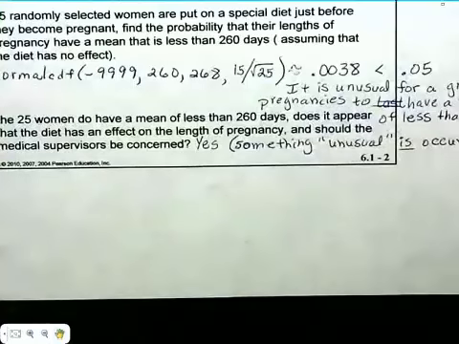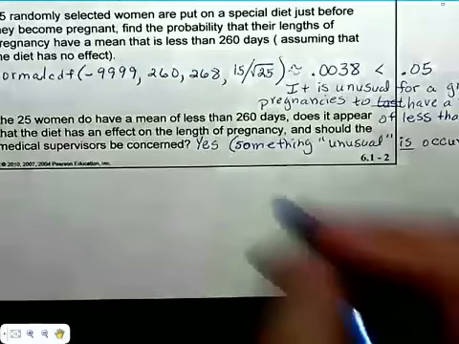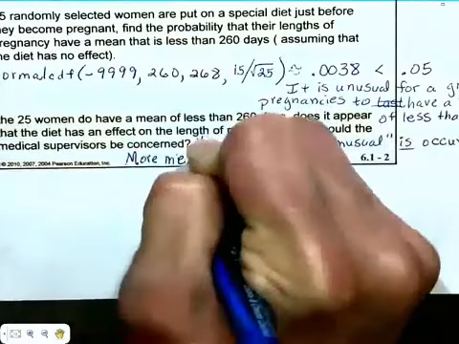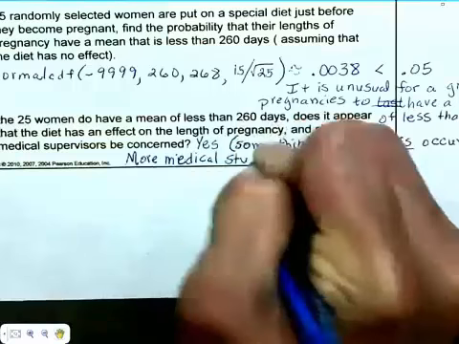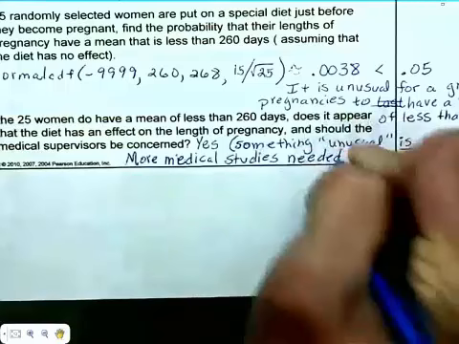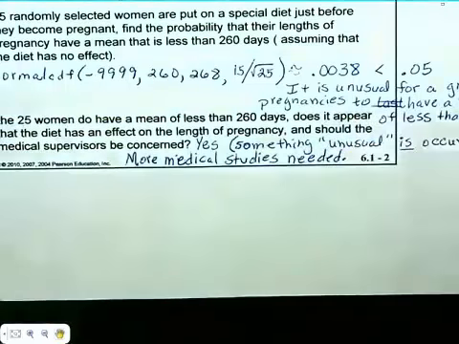It may or may not actually be the diet causing women to have their babies a week early, but it's definitely something that medical supervisors would want to look into, because if the diet had no effect, then that probably wouldn't happen. If this diet were in some kind of clinical trial, we'd probably just want to do some more sampling and some more testing.